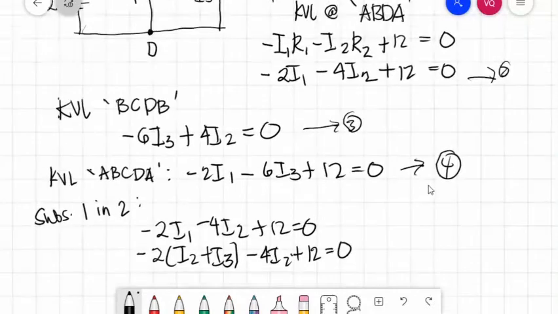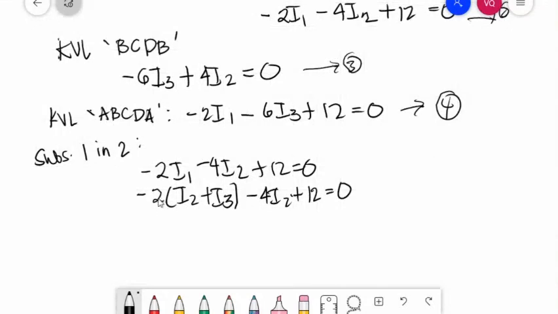Simplifying, negative 2I2 minus 4I2 is negative 6I2, plus negative 2I3, so negative 2I3 plus 12 is equal to 0.